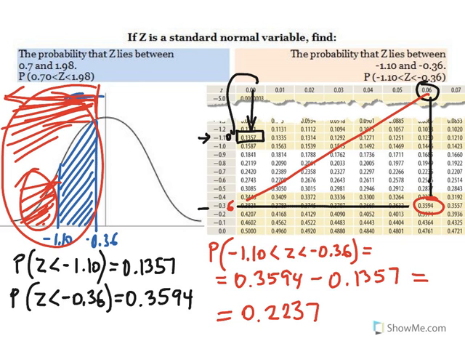Okay, so the probability that z lies between these two values will be 0.2237. So that's how you find the probability or the area between two z-scores.